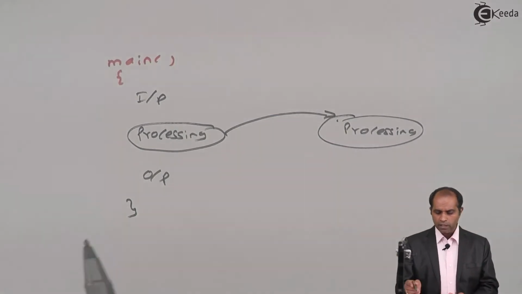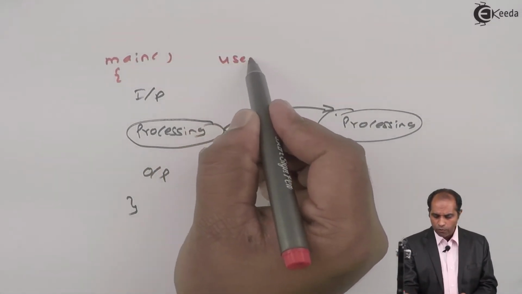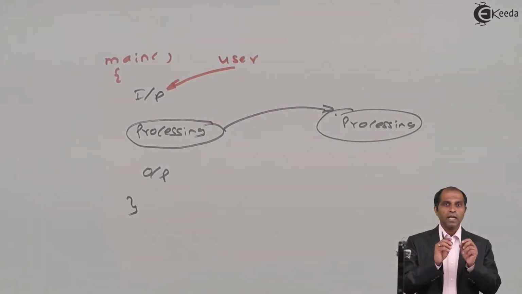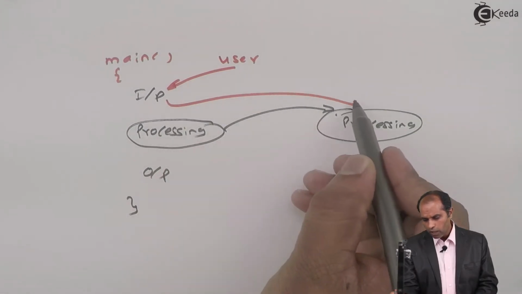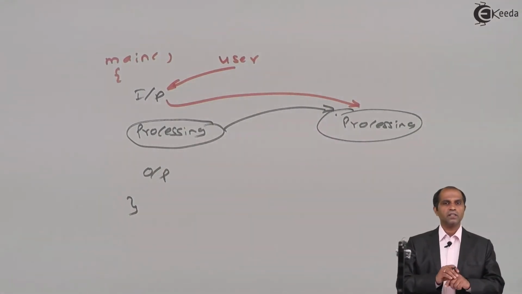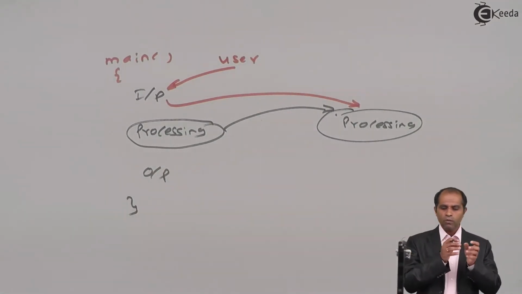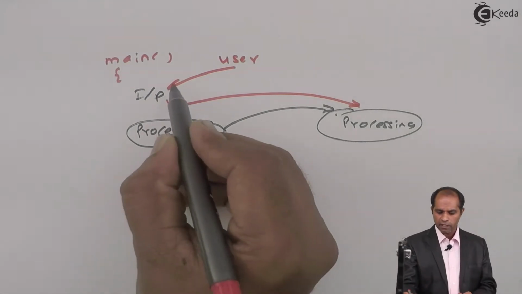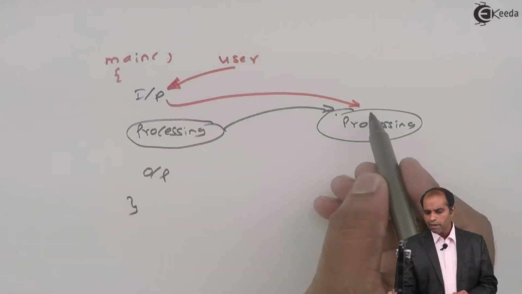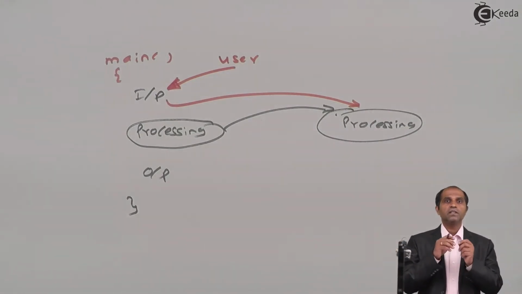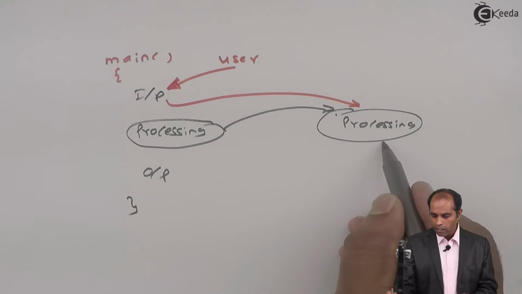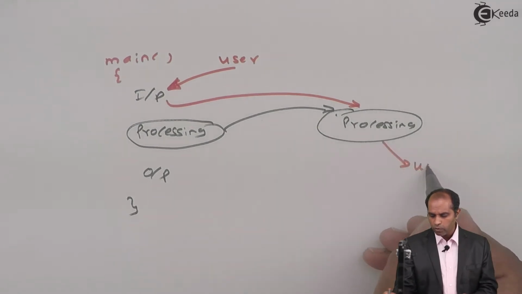So main accepts the values from the user, but it will not do any calculation. These values which have been accepted will now be given to the processing, that is, to the function. The one who reads values from the user is main, that is input, and it gives the value to the processing. The processing will now generate the results. If the results are multiple in nature, then the processing will display the values to the user.